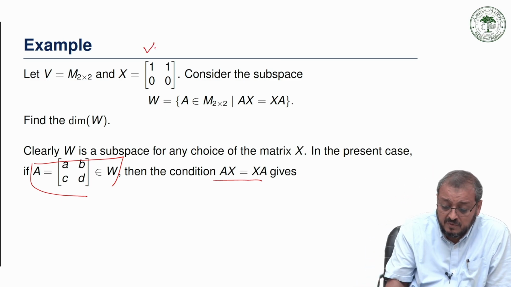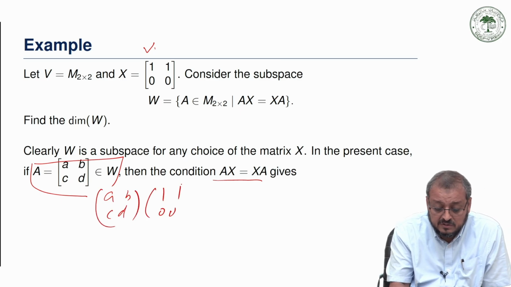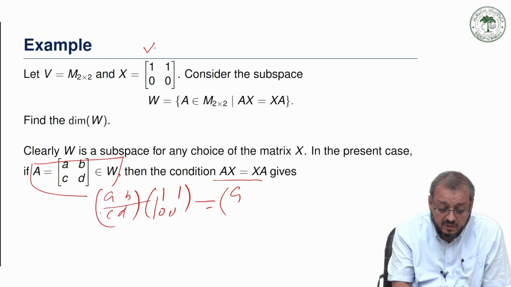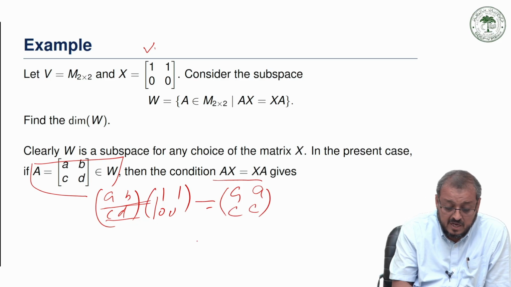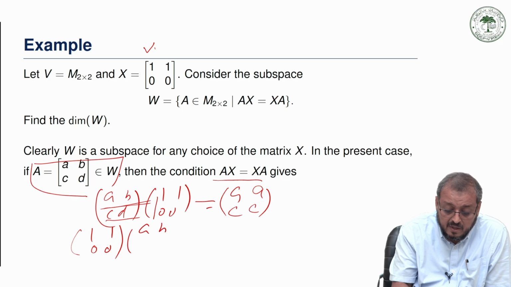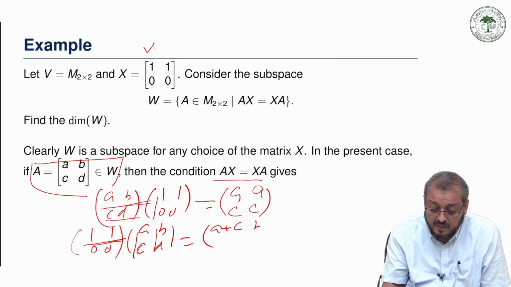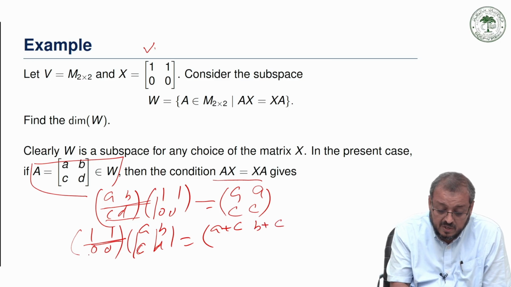Now if X is equal to this form, we have A equal to the matrix with entries A, B, C, D, and X equal to the matrix 1 1, 0 0. Then this can be written in this form, with entries A, 0, and C, and so on. Multiplying these out, we get A plus C, B plus D, and 0 and 0.